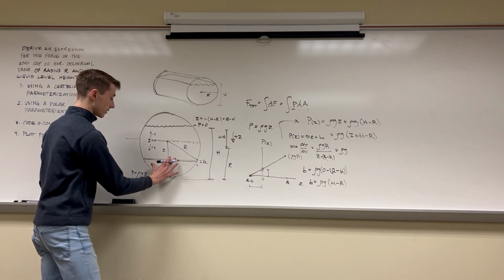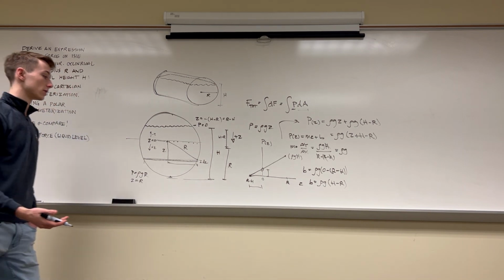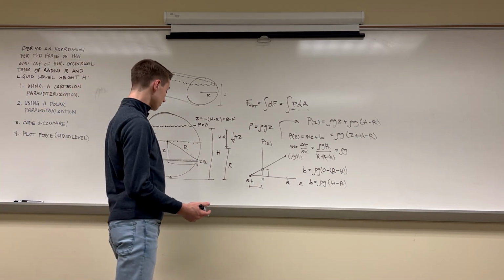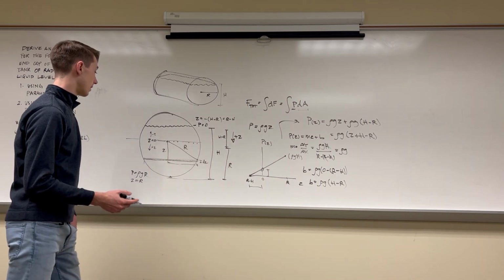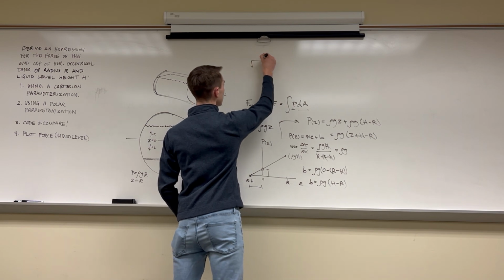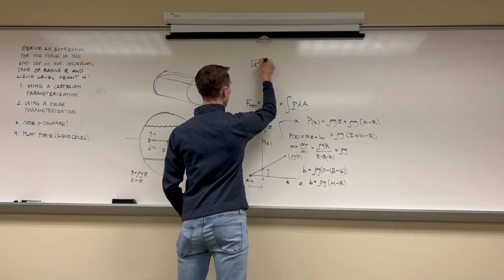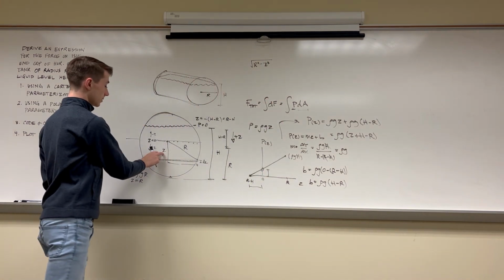The length of this whole thing is 2 times the length of this triangle right here. We can just apply the Pythagorean theorem.